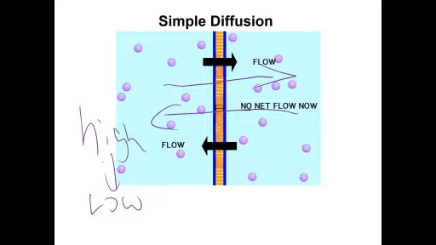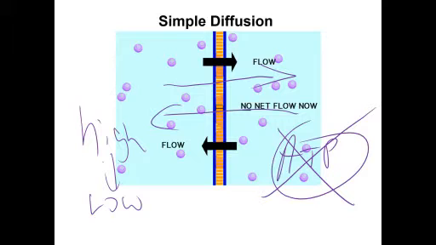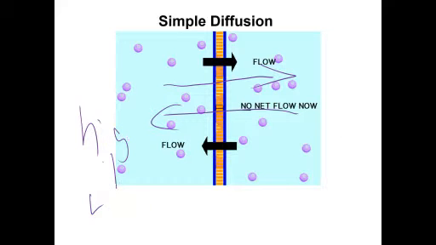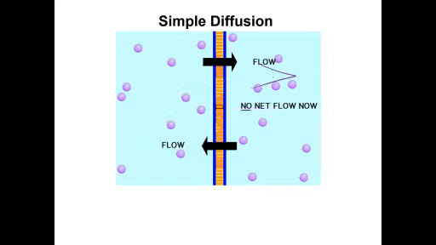It doesn't cost the cell any ATP. The energy itself is the concentration gradient. That's what's driving the movement of the particles, because this is a completely random process.